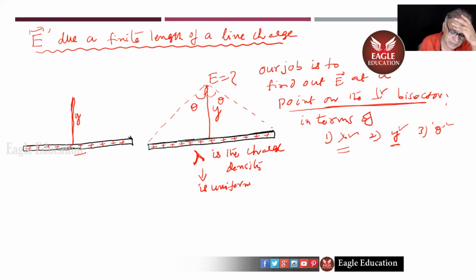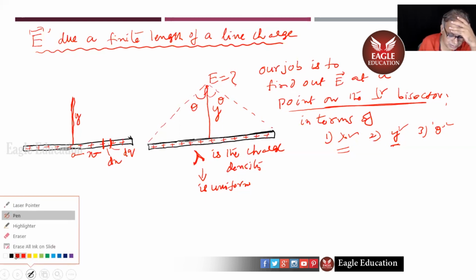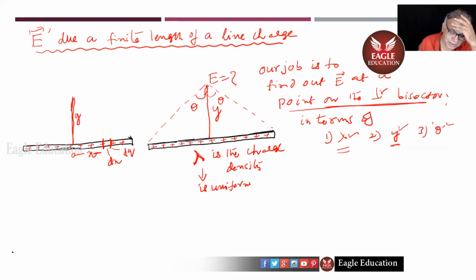At a distance x from here, taking this as the origin, I'll take a small element dx, so small that the charge on it, dq, is like a point charge. For understanding's sake we draw it big, but it is actually infinitesimally small. Let me draw one line from here, which you call R. This is dq.